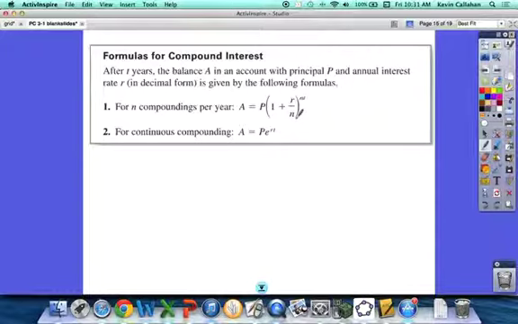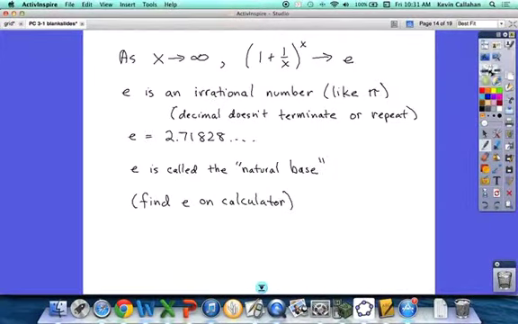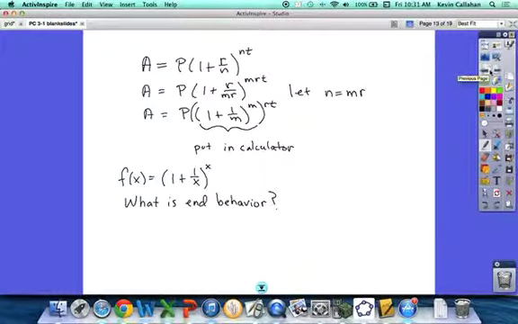But as Pierce brought up, there's actually another formula that we use, which is pretty interesting. If I start with that formula, P times 1 plus r over n, to the nt, and I substitute n equals m times r, the m is just a constant that I'm putting in there, so I wouldn't worry too much.